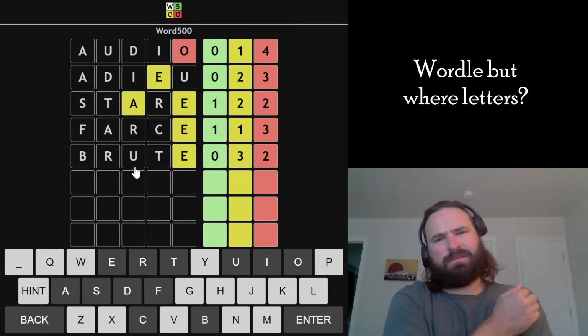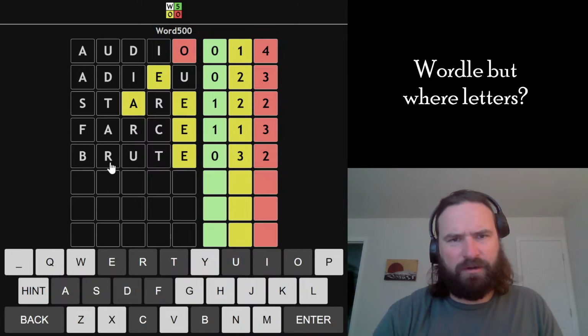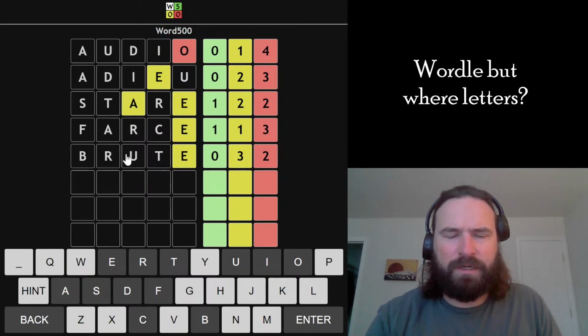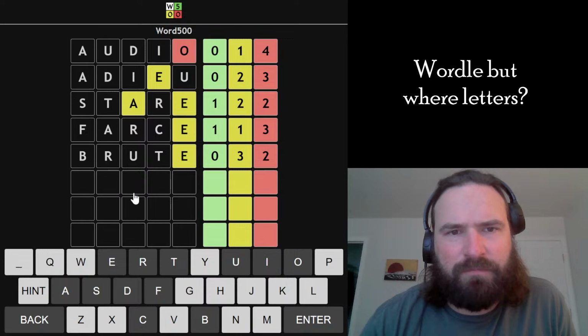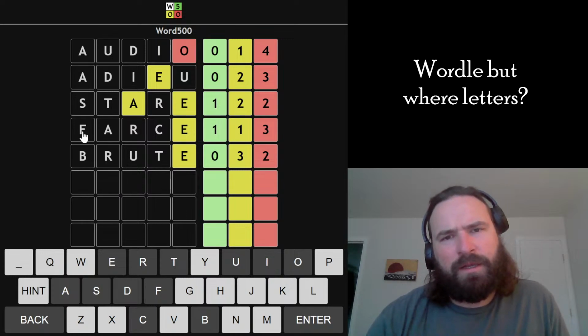Alright, so I think what this is probably telling me is that the T and the R are in. Maybe not. This is actually pretty confusing. How am I going to move all of these letters? This is a confusing start to this game. Okay.